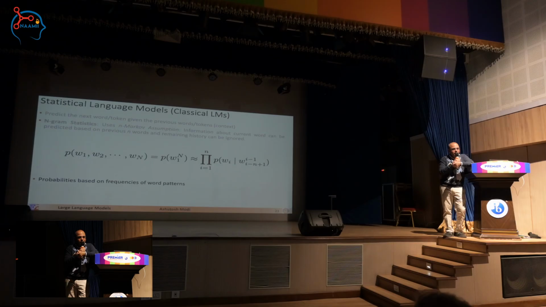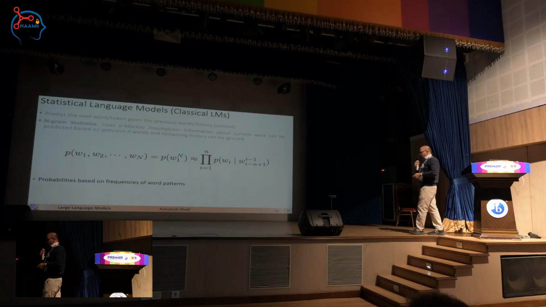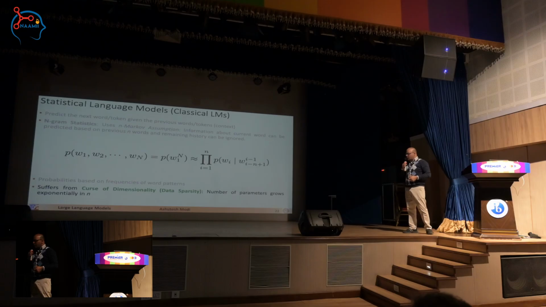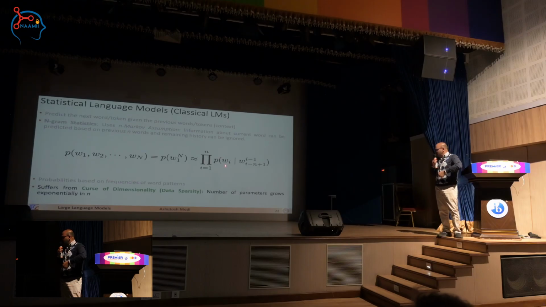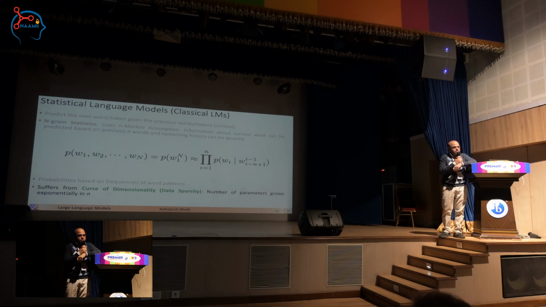What do I do when I come across a new word? What would be the probability in that case? Zero, right? Because you have never seen that word during training. So that means there is a problem here. That means in order to learn a good probability distribution, you need a huge number of samples, a huge amount of data.